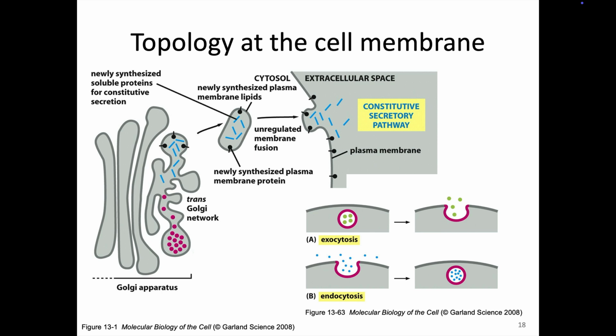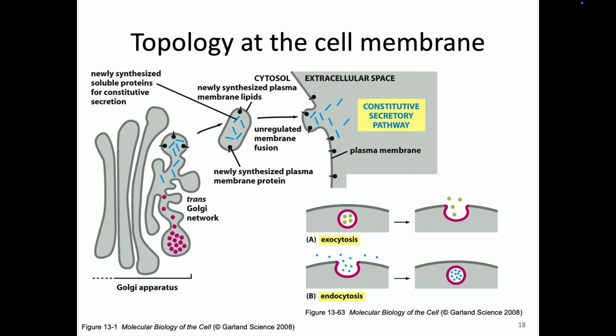So if we have something that's inside the Golgi, it would be inside the vesicle, and then when that vesicle fuses with the cell membrane, the stuff gets secreted. So if we want to secrete something, like a cytokine or whatever we want to secrete, we have to get it inside a vesicle for it to actually get secreted correctly.